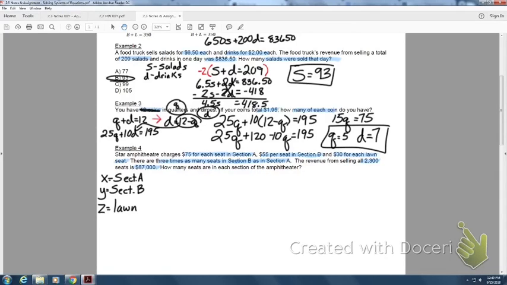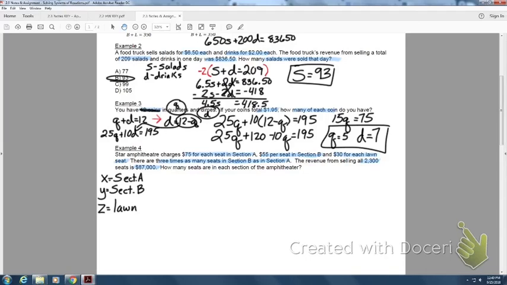Okay. Colton, what would one of my equations be? You could say A plus B, equals 2,300. Okay. Not just Section A and Section B, but also the lawn seats.